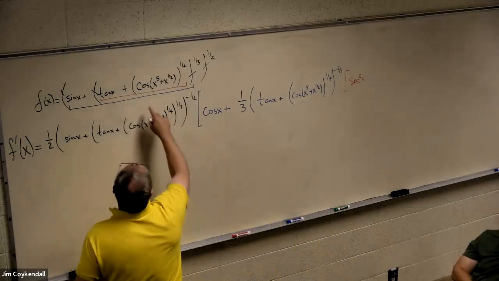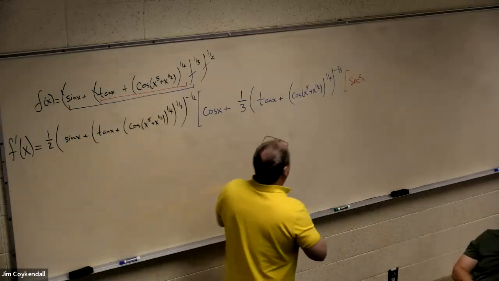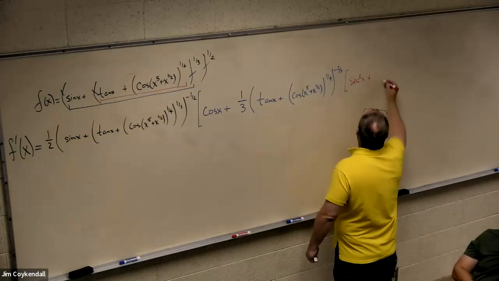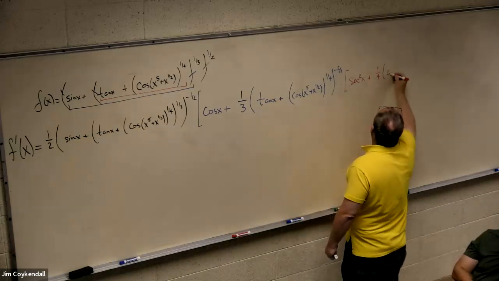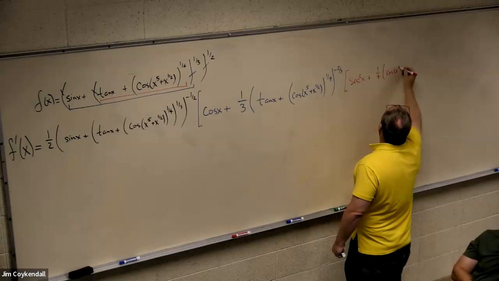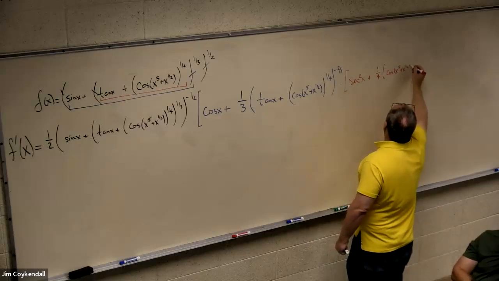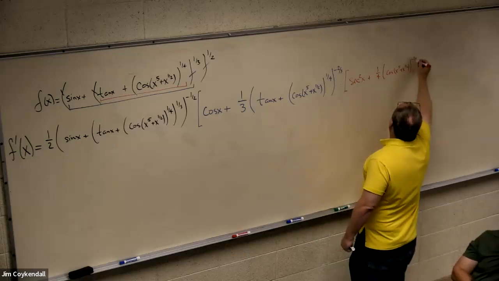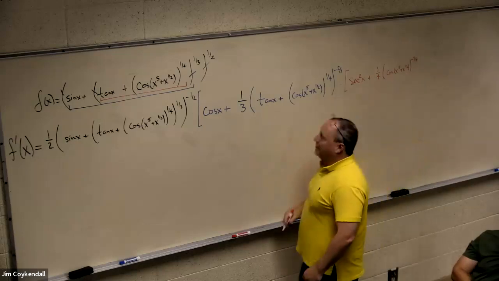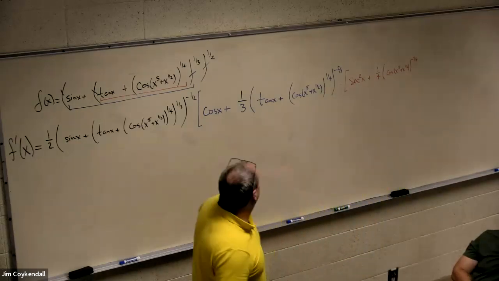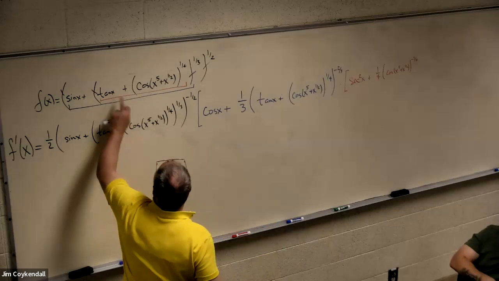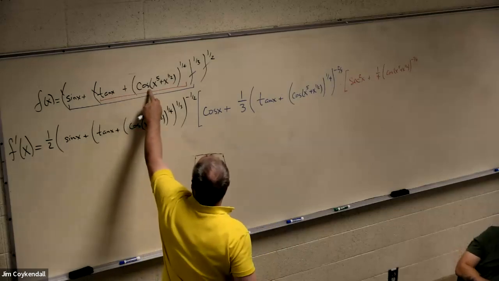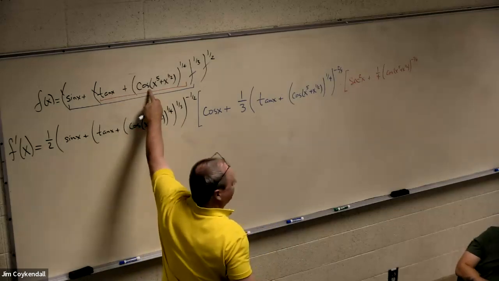But the other part of the mess is 1/4 something to the 1/4 power. Derivative of this is tangent x, derivative of this is 1/4 log to the minus 3/4.